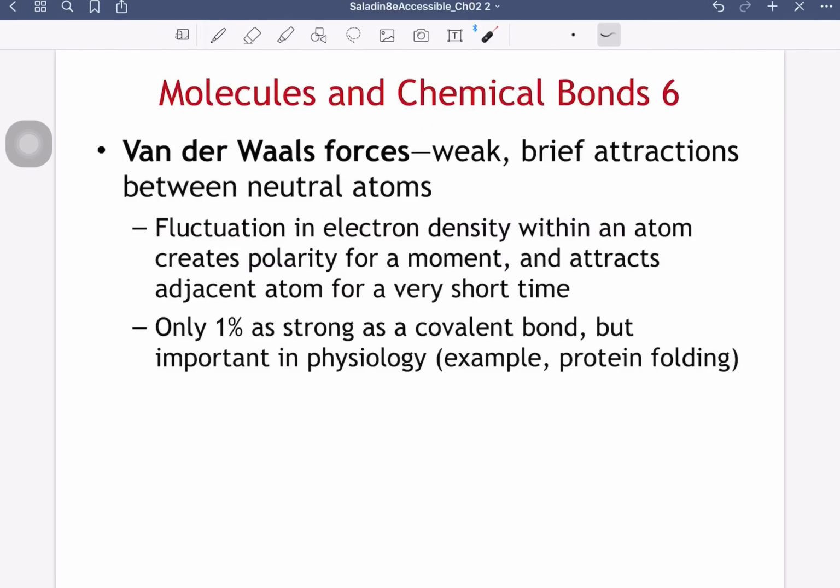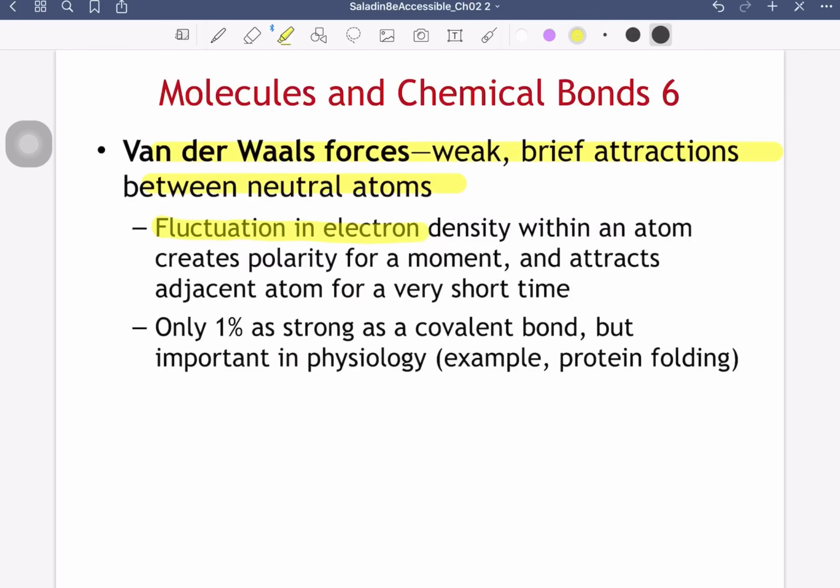And the last one I'm going to talk about right now are van der Waals. And van der Waals are very weak forces. They're basically brief attractions between neutral atoms. And really what does it come from? You can never predict where an electron is in a shell of an atom.